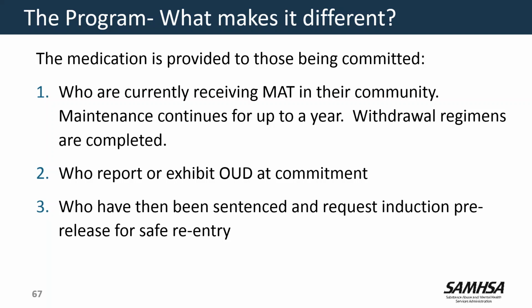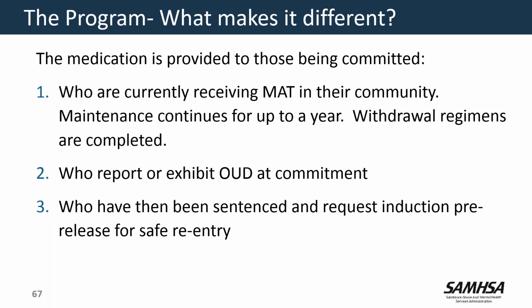And if they're going to be sentenced for longer, then the withdrawal regimens that are, like I said earlier, much more humane are completed. Another population are those who, at commitment, when they enter the prison, if they report or exhibit symptoms of opioid use disorder and request treatment, our goal is within 24 to 48 hours, they will be screened, assessed, and receive their medication.